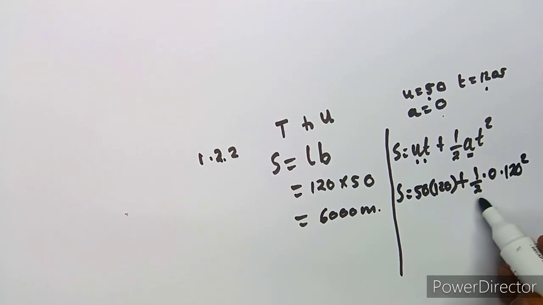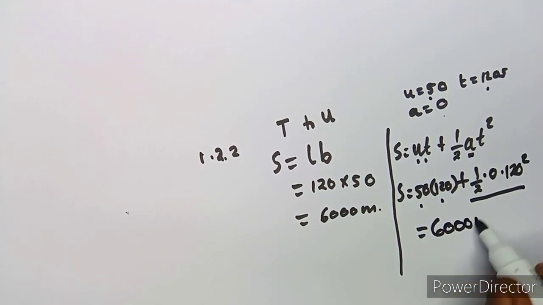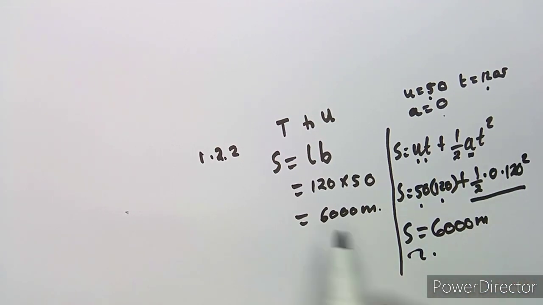So as we can see, guys, this gives us a 0 here, which means you're just left with 50 times 120, which is going to give you 6,000 meters. So you could have used your formulas, or you could have just used your graph using the area. All right, so that's what we had.